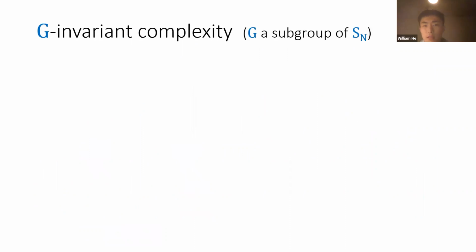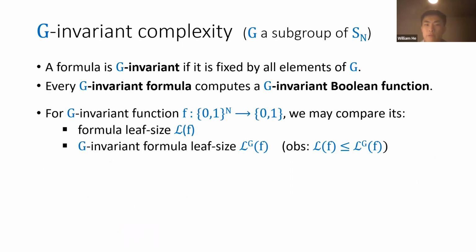This will lead us to study the G-invariant complexity of Boolean functions, where G is some subgroup of Sn. We say that a formula is G-invariant if it's fixed by all elements of G. And every G-invariant formula we observe computes a G-invariant Boolean function.